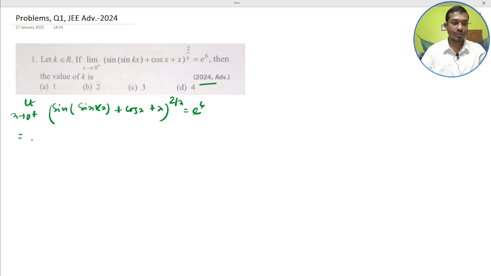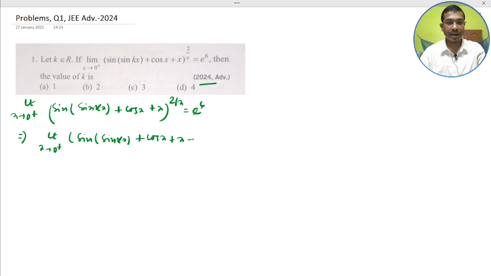That implies limit x tends to 0 plus of (sin of sin kx plus cos x plus x minus 1) into 2 by x equal to e to the power 6. I just do here minus 1 and into 2 by x for matching.